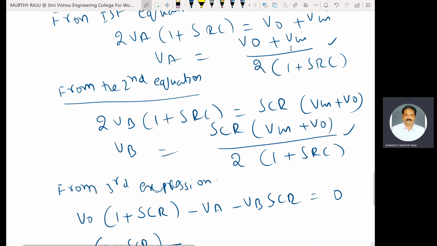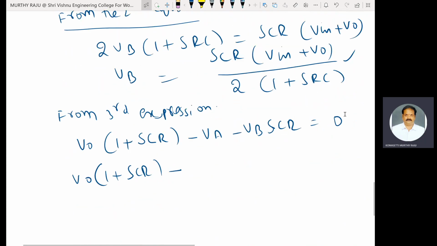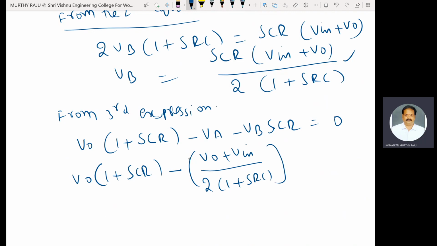VA is V0 plus Vin by 2 into 1 plus SRC, minus V0 plus Vin by 2 into 1 plus SRC, minus SCR into VB, which is SRC into Vin plus V0 by 2 into 1 plus SRC, is equal to 0.